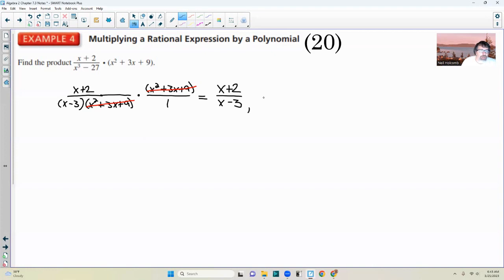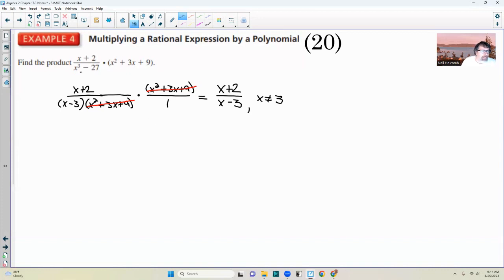Don't forget your restriction on your domain. X cannot equal 3, but x can also not equal what makes this equal to 0. Okay. The book isn't saying that. So how do we find our restriction on our domain here? Oh, it's cubed.